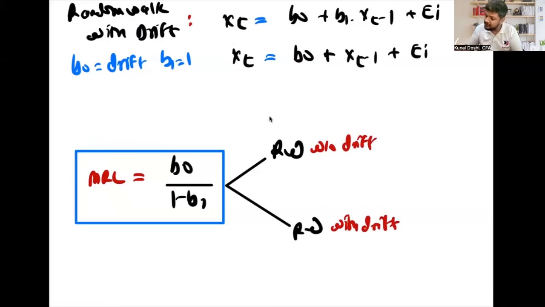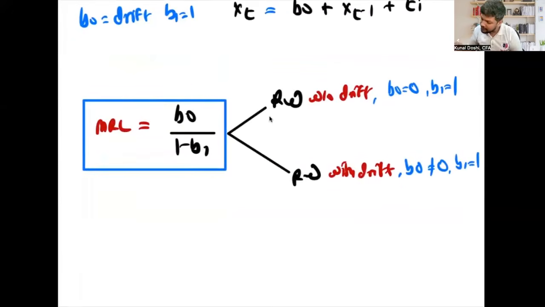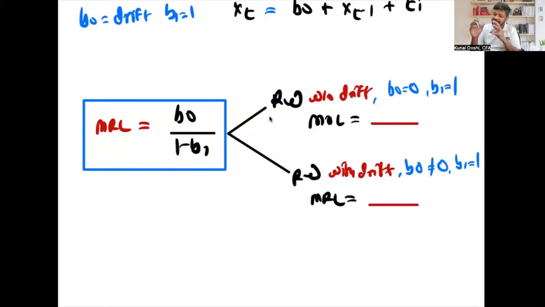Random walk without drift. We had B0 equals 0 and B1 was equal to 1. Here B0 is not equal to 0 and B1 equals 1. So can you tell me what will be the mean reverting level, everyone in the class, here? Mean reverting level in both the cases. Here the mean reverting level, please notice this. In both the cases, here my mean reverting level, let's say B0 is 0, over 1 minus 1. You need to tell me what is the answer.